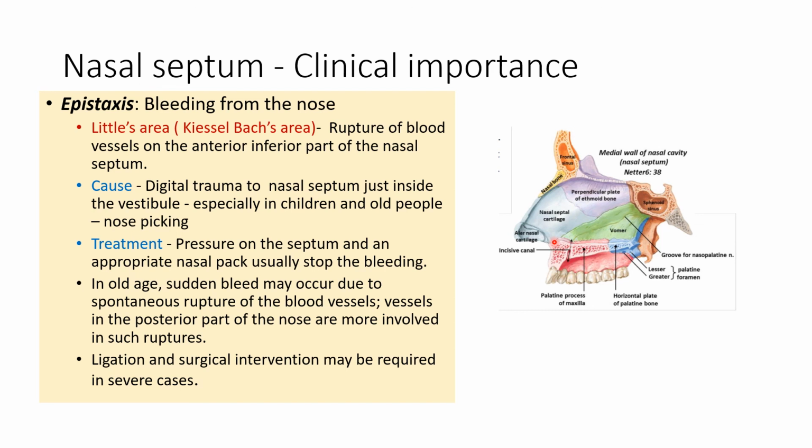And these vessels will be in the posterior part of the nose, and the rupture of these vessels requires a surgical cauterization also, and sometimes ligation of the vessels, and surgical intervention may be required in severe cases. So that is about the nasal septum, the bones forming it and the cartilages contributing to it, the blood supply, the lymphatic drainage and nerve supply, and the applied importance of the nasal septum.